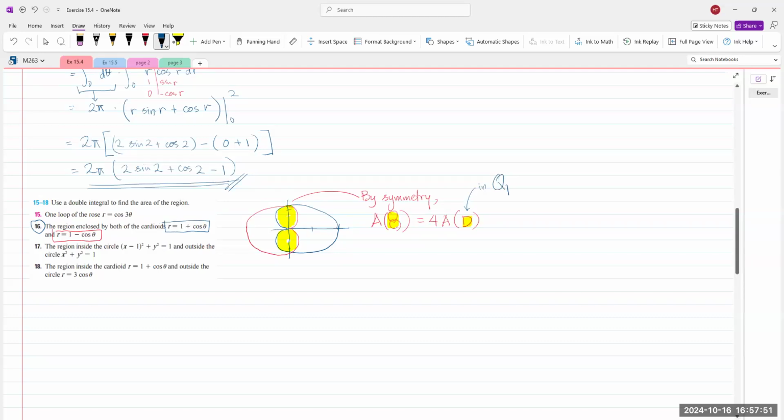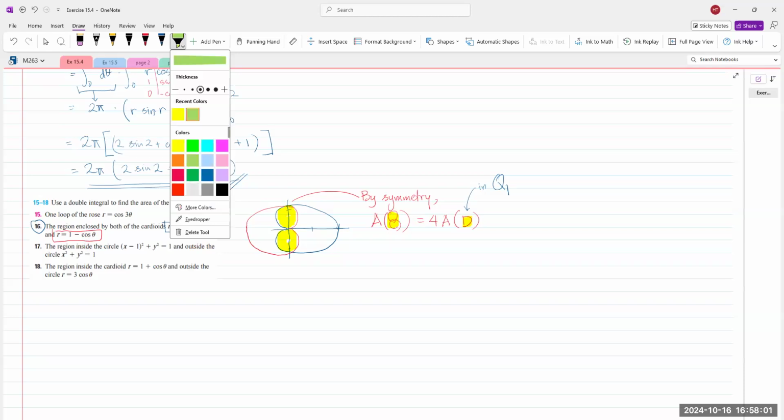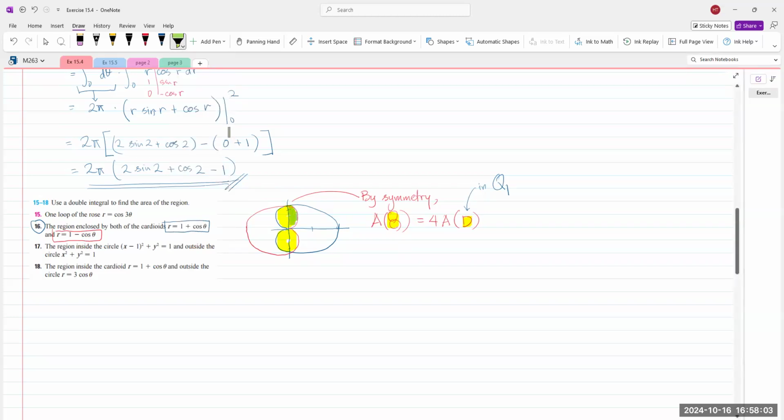Can I do that? In other words, instead of doing 4 integrations, I will just do one of them. And that one integration that I do will be this one.